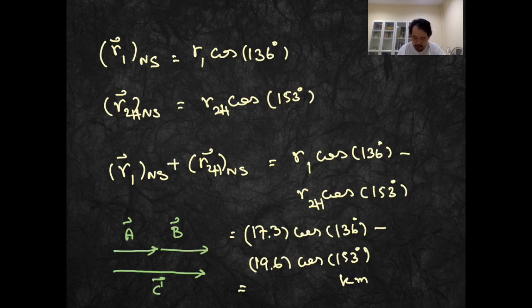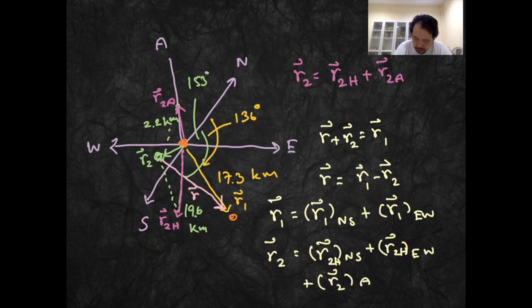It becomes 5.019. It means that the result points along the north direction. Okay, let's see if it's reasonable. You can see that the horizontal position of the plane is here, and the horizontal position of the ship is here.